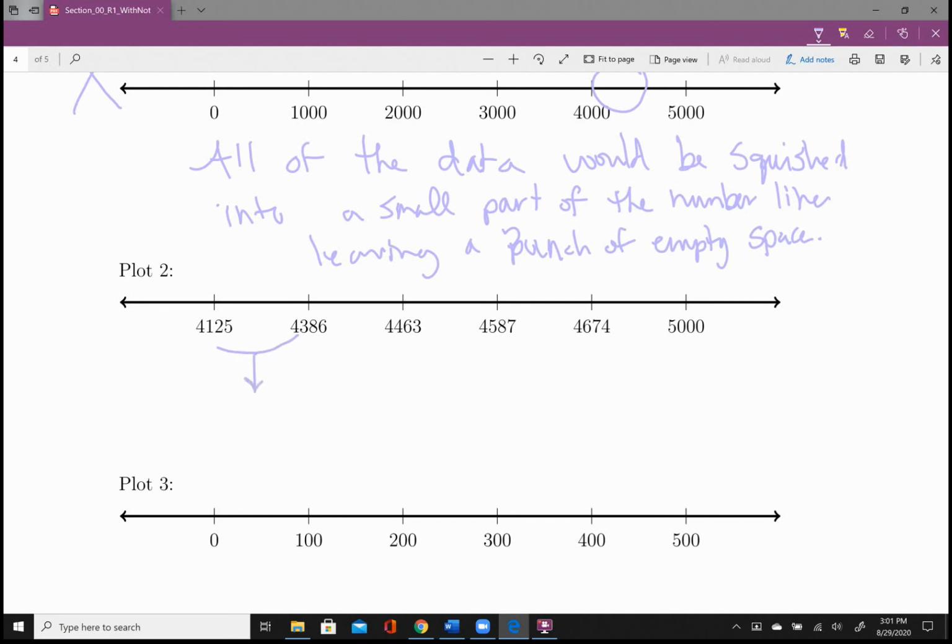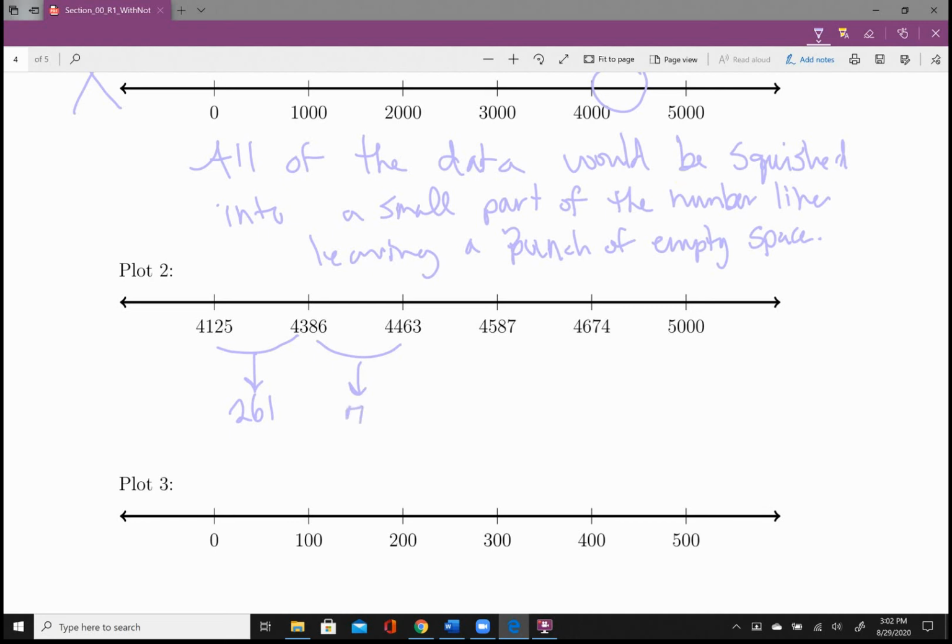So 4,386 minus 4,125, that has a difference of 261, whereas what's the difference between these other numbers? 4463 minus 4386, rather.